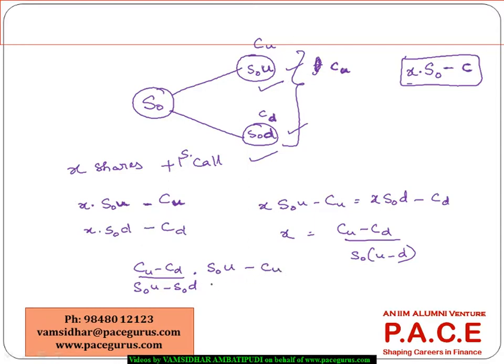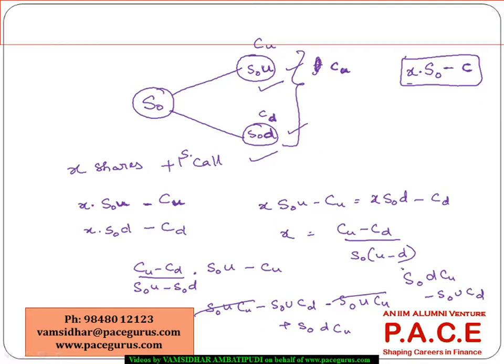So overall, if I'm looking at the expansion, it is coming out as S naught U CU minus S naught U CD, minus S naught U CU plus S naught D CU. So these two are getting off. Overall, it is coming out as S naught D CU minus S naught U CD. So this is the worth of the portfolio.